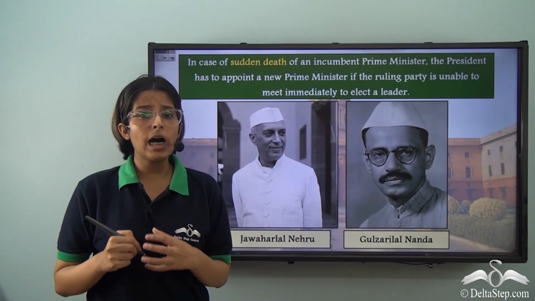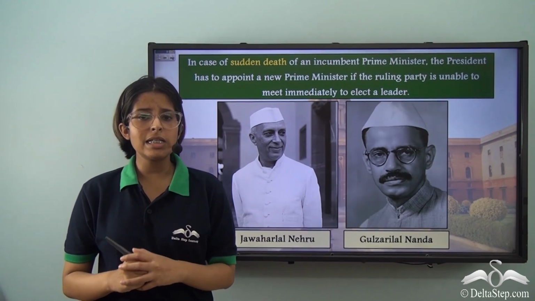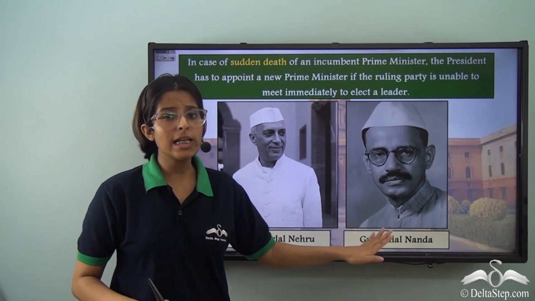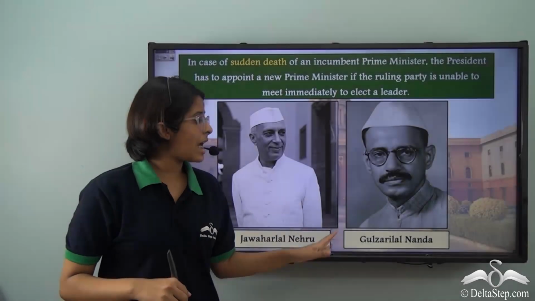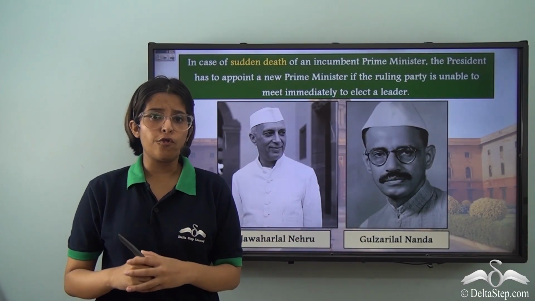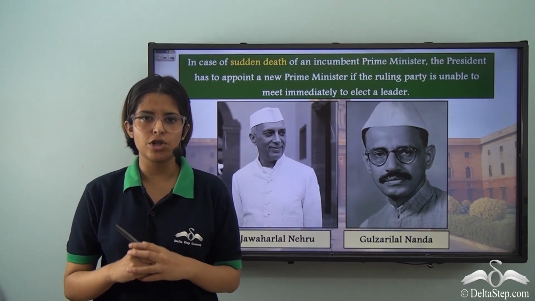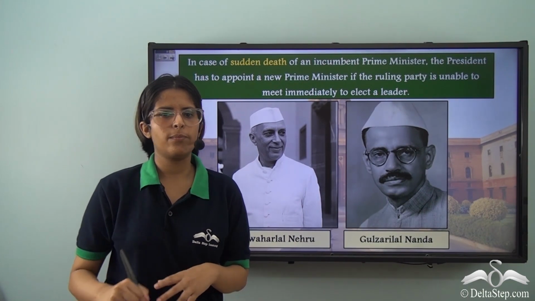So when Jawaharlal Nehru died in 1964, the President appointed the senior-most leader of the party, Gulzari Lal Nanda, to become the caretaker Prime Minister. Gulzari Lal Nanda was in office for only 13 days, after which Lal Bahadur Shastri was appointed as the new Prime Minister of the country.